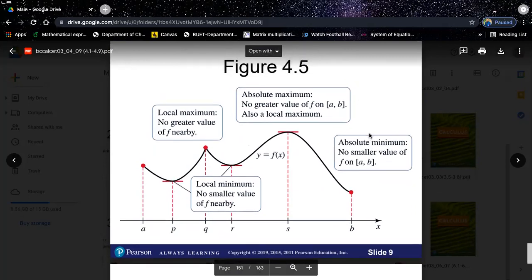Okay, we'll come back to this graph, but before that, any question? Any questions so far?